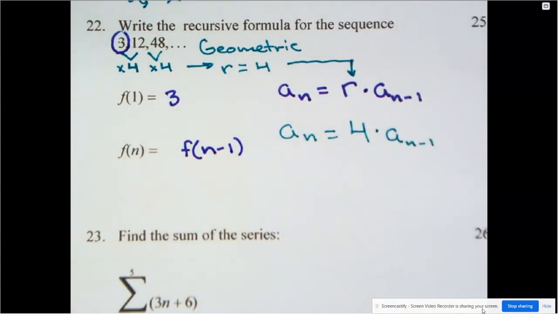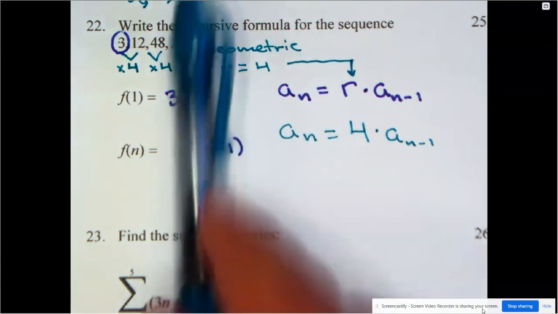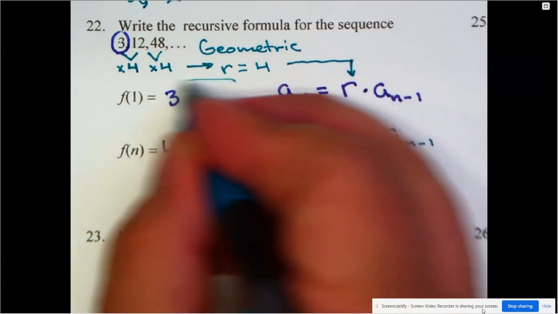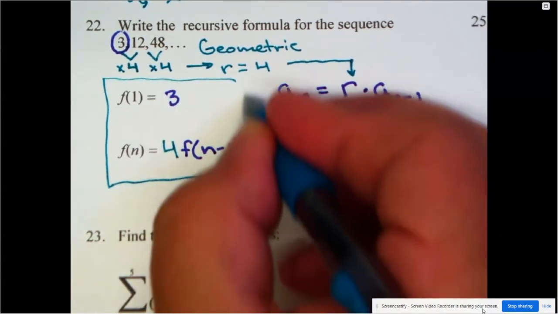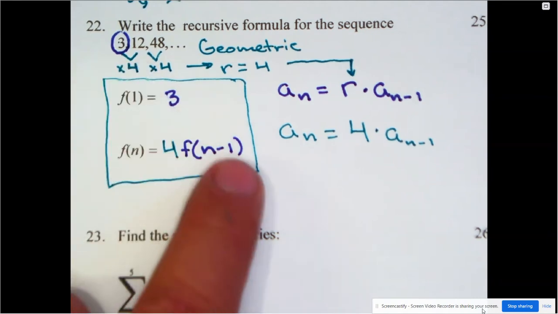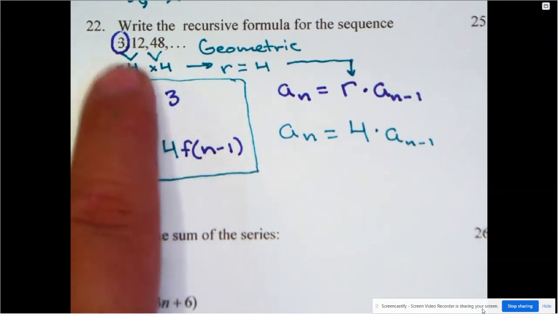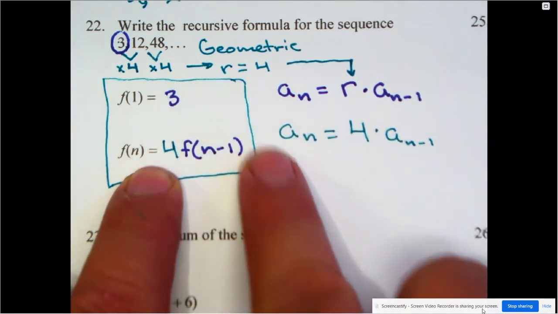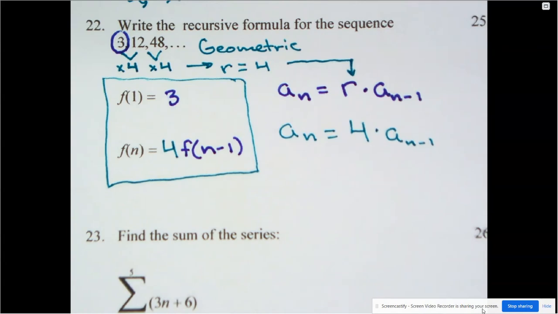But what was the pattern? Multiplication by 4. So just like the one right above it, I'm going to put a 4 right here, and there's my answer. Recursive formulas are some of the easier ones to write down, because basically you're just saying, take the previous term, and then tell me what the pattern was. If it's multiplication, you put it in front. If it had been adding or subtracting, I would have said plus or minus and put that in the back.